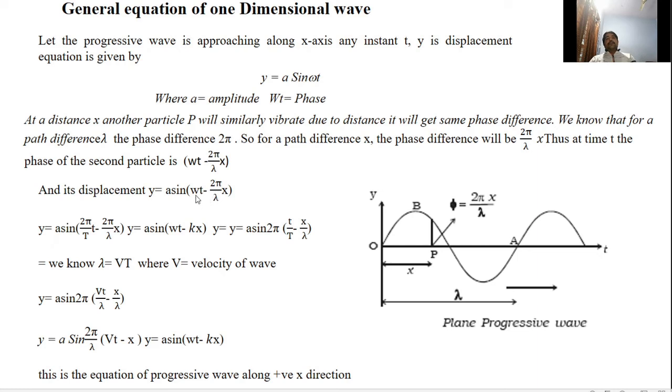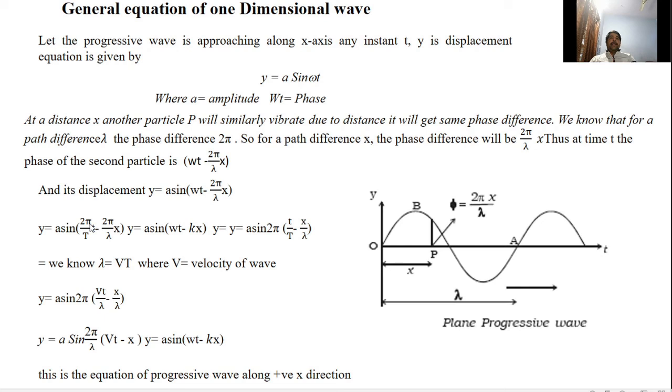Now if you put ω = 2π/T, because we know that ω = 2πf and f = 1/T, the equation becomes y = a sin((2π/T)t − (2π/λ)x).